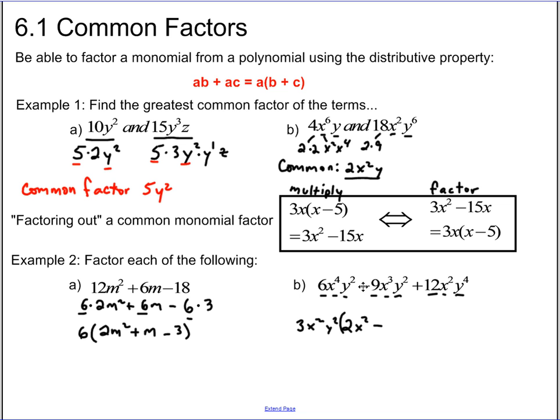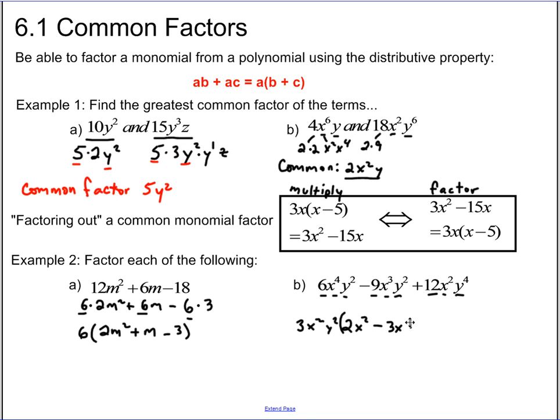We take the subtraction sign along with us here for the next term. We say, well, what would we have to multiply by 3x squared y squared to get 9x cubed y squared? In this case, that would have to be 3 to give us 3 times 3, 9. And x squared times x would give us x cubed. And again, y squared just stays by itself.